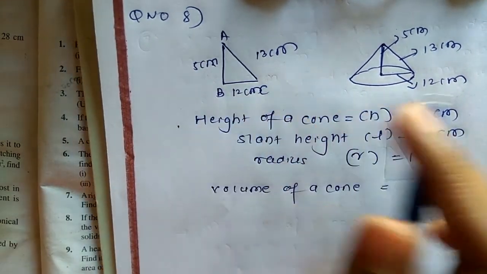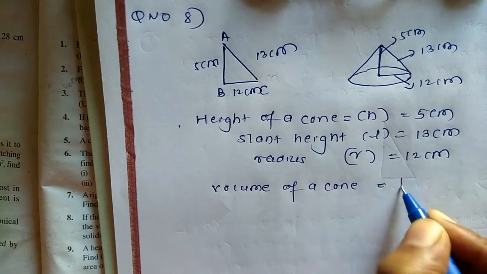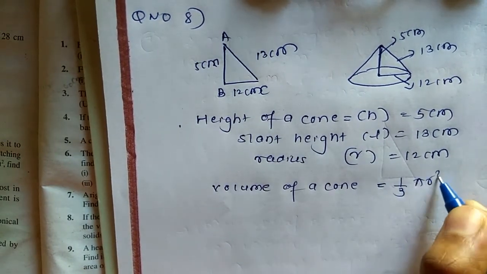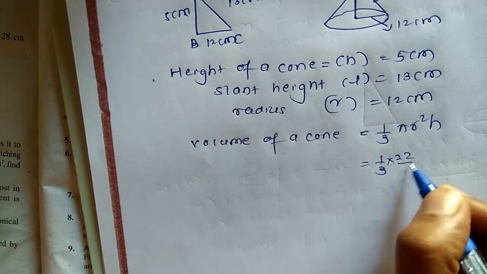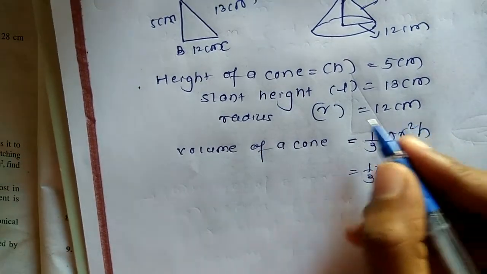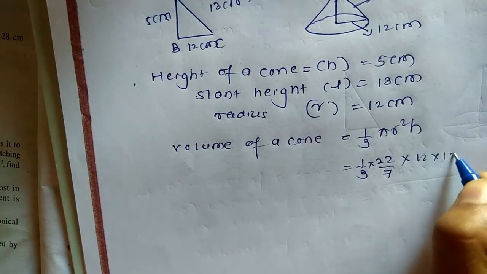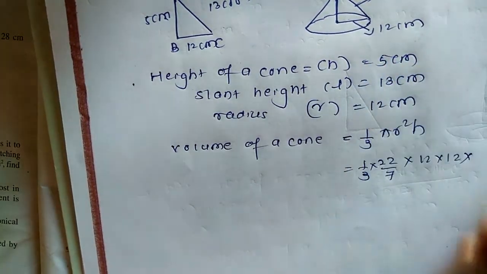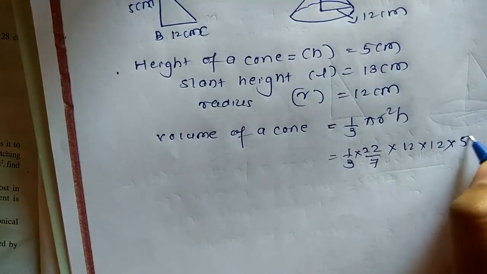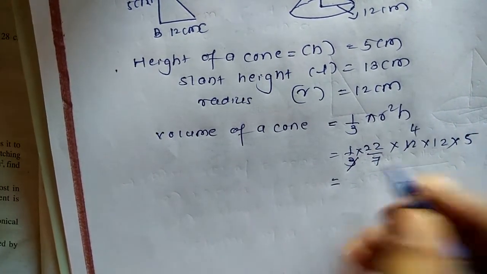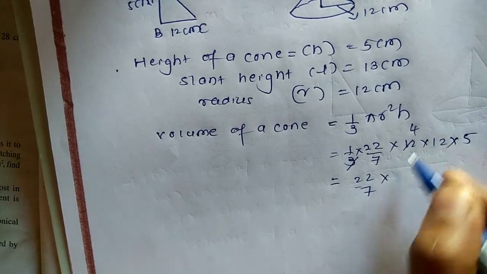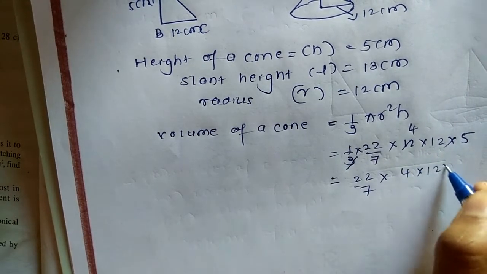Here only the shape of volume has changed. So volume is 1 upon 3 pi r square h. Here pi is 22/7 into r square, r is the radius, 12 into 12, into h, the perpendicular height, that is 5. Now you can see here 3 fours are 12, so you can do 22/7 into 4 into 12 into 5.